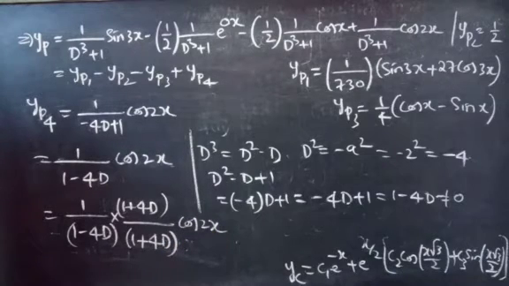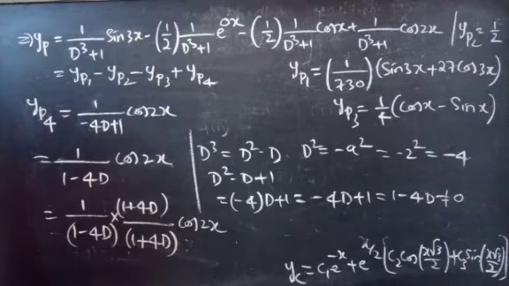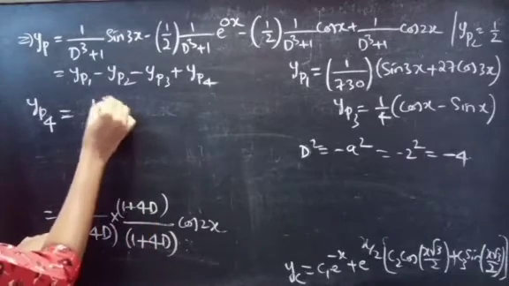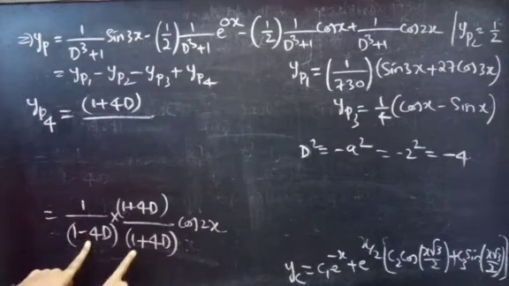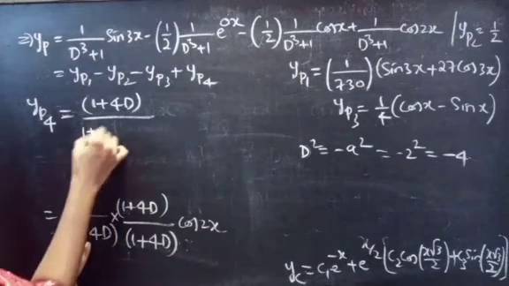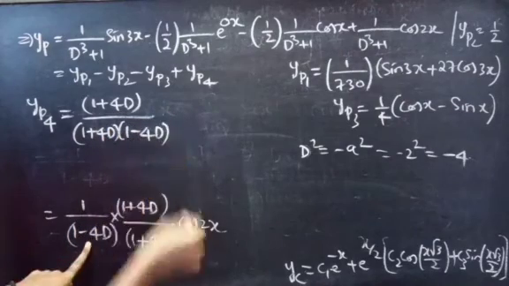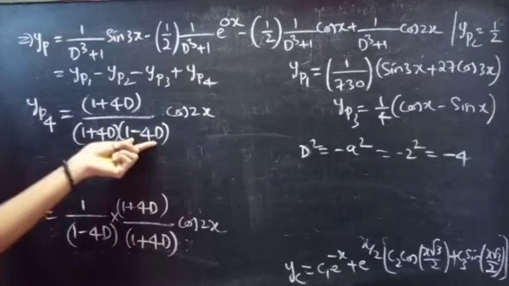Okay, then you will get 1 by 1 minus 4d into 1 plus 4d by 1 plus 4d into cos 2x. Now we can write this as 1 into 1 plus 4d is 1 plus 4d by 1 minus 4d into 1 plus 4d. In the denominator you are having 1 plus 4d into 1 minus 4d.